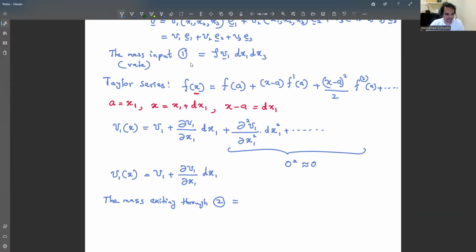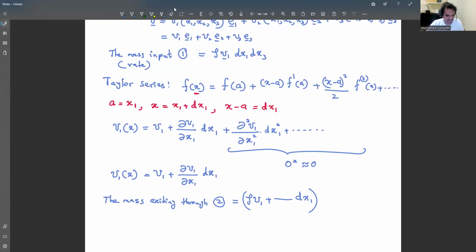So again, when I multiply by density, rho into v1 plus dou v1 dou x1 dx1. This is the velocity, velocity into density. Here density will come.